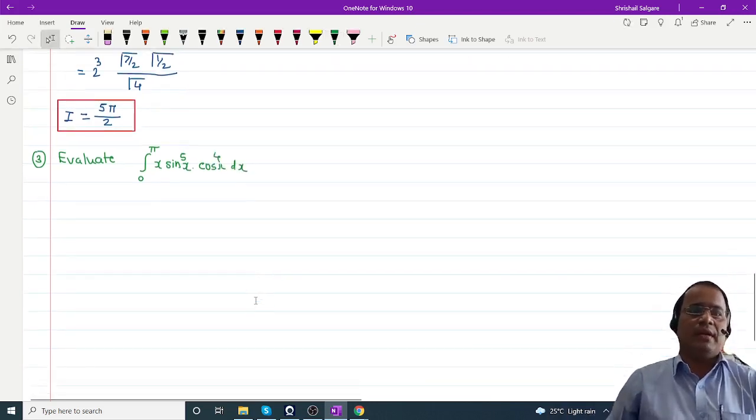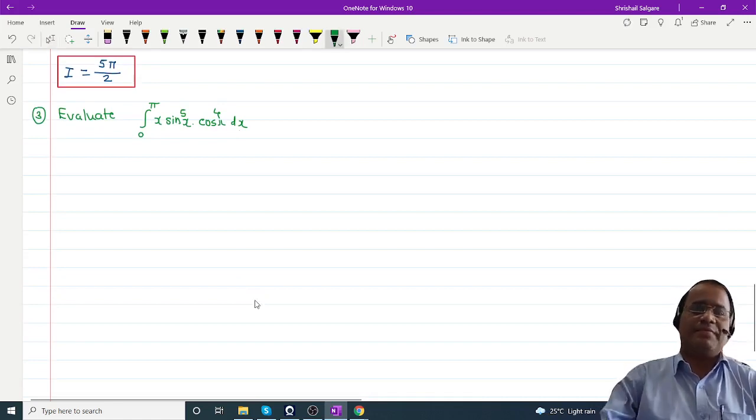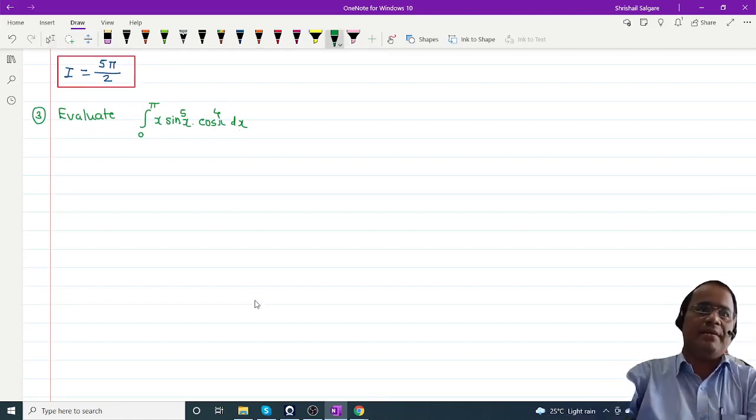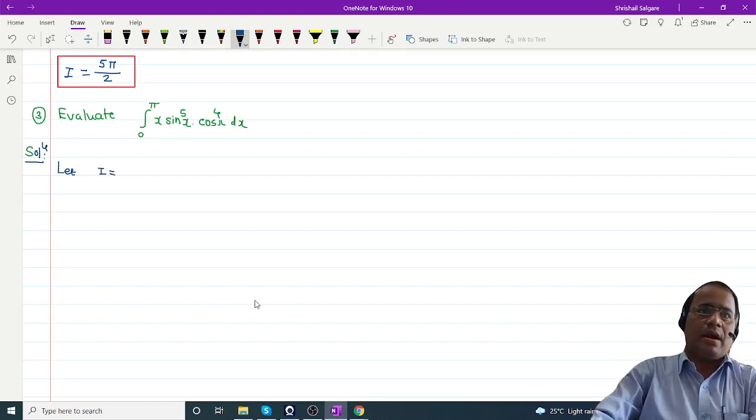Okay. Now you may feel difficulty in this case. First I will call the given integral I. So let I be equal to the integral from 0 to pi of x into sin x raised to 5 into cos x raised to 4 dx.